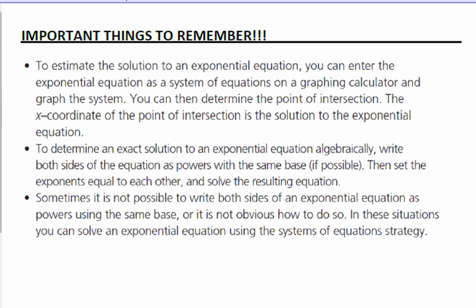Okay, so let's go through this. Seems like a lot of words, but with a highlighter we can highlight. To estimate the solution to an exponential equation, you can enter the exponential equation as a system of equations on your graphing calculator. Okay, so this is day 2. We're going to enter it as a system. So basically, when we have an equation, y1 would be the left side of the equation, y2 would be the right side of the equation.